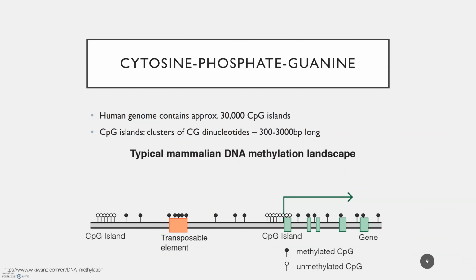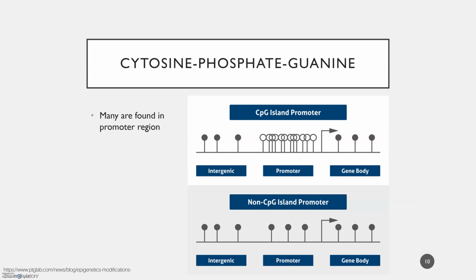This image shows the typical distribution of methylated versus unmethylated CG islands. Note that most of the CG islands found in the promoter region and near the transcription start site are mostly unmethylated, while the ones within the gene body and transposable elements are methylated.